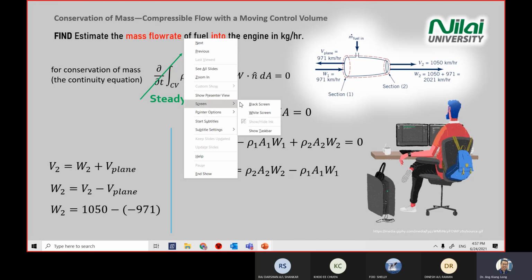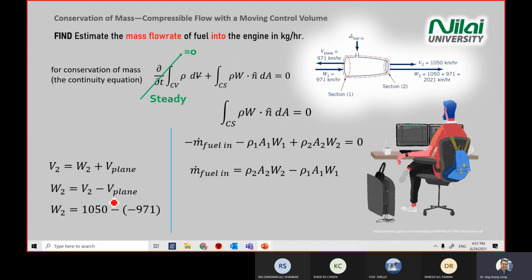What I need you to pay attention to is that this is the vector equation. When you rearrange, you get a negative sign, so remember to carry forward the negative sign. Only when you substitute, you need to look at the arrow of your velocity. In this case, your plane velocity is to the left. This is your V plane.